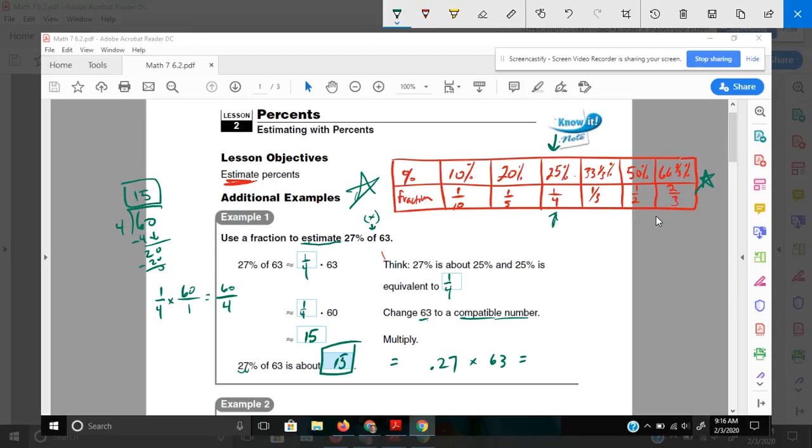Okay, we're checking in our calculator here. And if we took 0.27 and multiplied that by 63, we would come up with 17.01. And yeah, that's relatively close. It's only 2 away from 15, so that makes sense. Again, we're just trying to get a ballpark answer here.